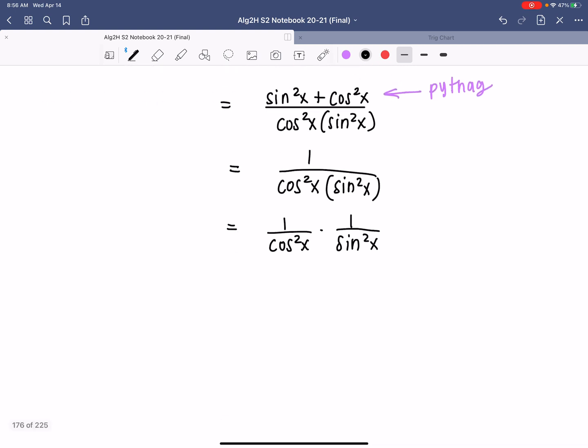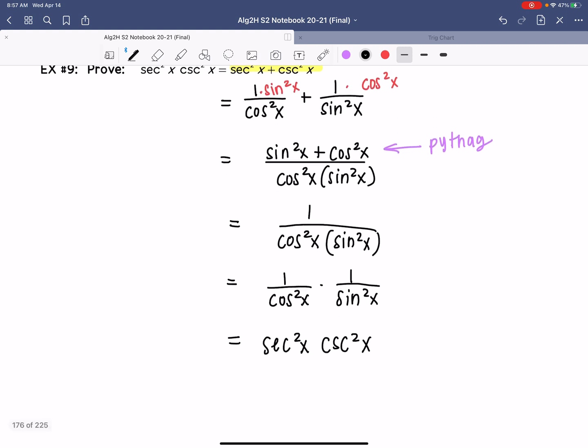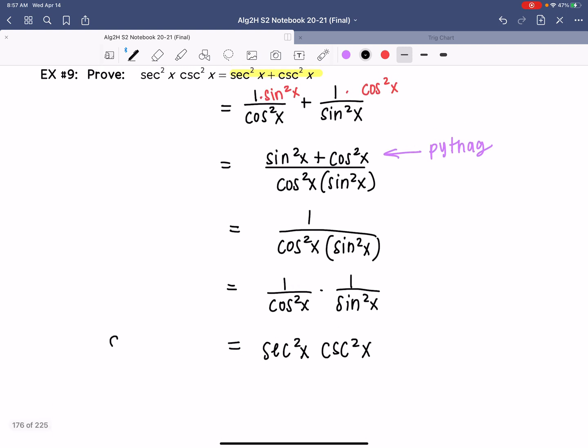And finally, the reciprocal function, 1 over cosine squared is secant squared x. 1 over sine squared would give me cosecant squared x, which I believe is my left side. Yes, it is. So secant squared x, cosecant squared x. So I proved this. QED.